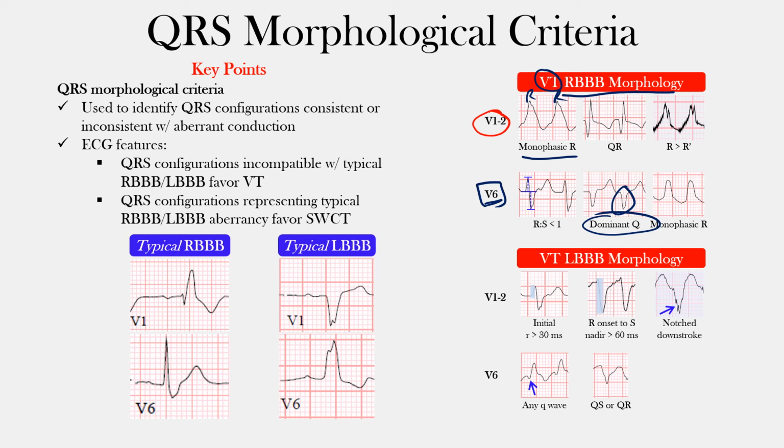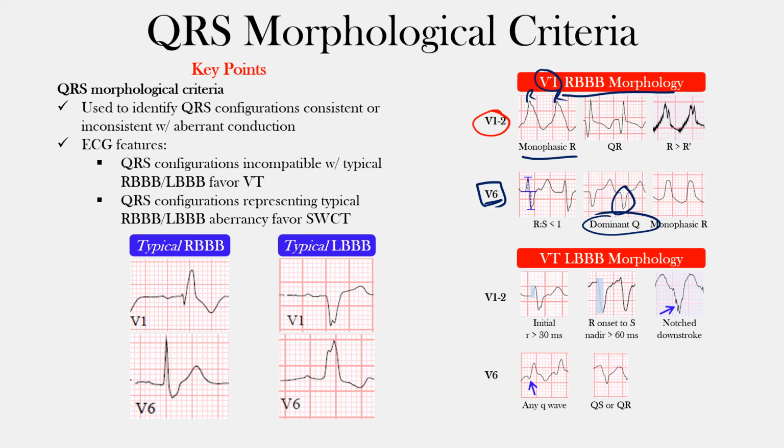Now, conversely, if a wide complex tachycardia displays QRS configurations representative of a typical right or left bundle branch block aberrant conduction, then supraventricular wide complex tachycardia is most likely the diagnosis. For instance, it would be more likely if you had the classic left bundle branch block pattern where you had an R wave onset to S wave nadir less than 60 milliseconds in V1 or V2 and a notched monophasic R wave in lead V6.